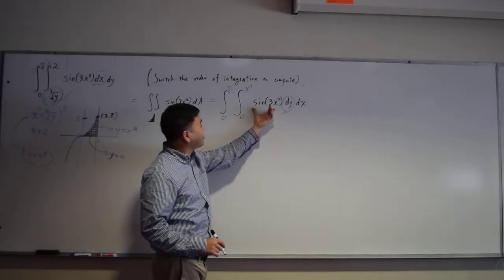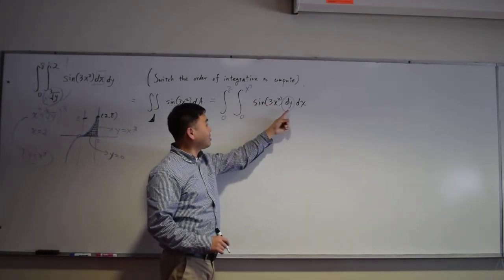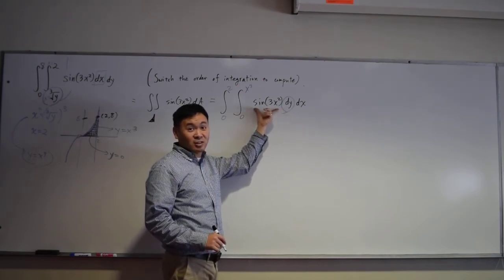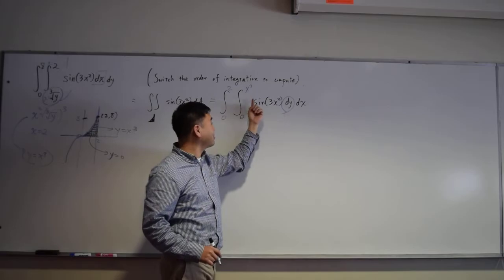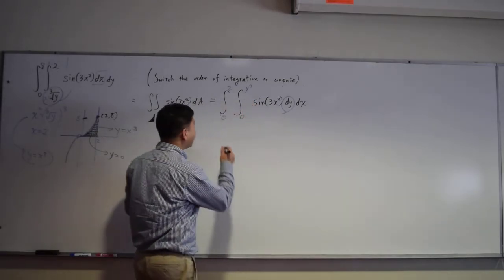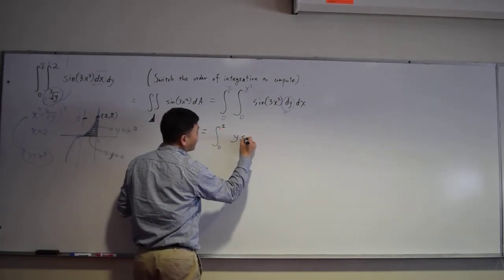Now, integrating sine 3x squared by dy, that's easy. Why? Because if you're integrating by dy, this is considered as just a constant. So you're just integrating 1, for example. If you integrate 1, what do you get? Just y, right?